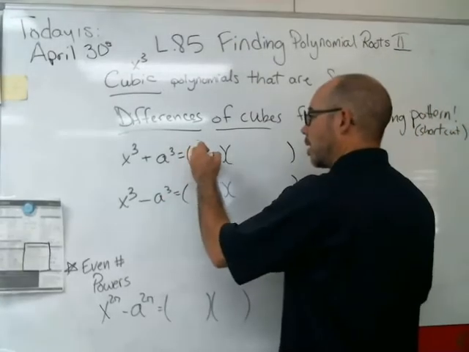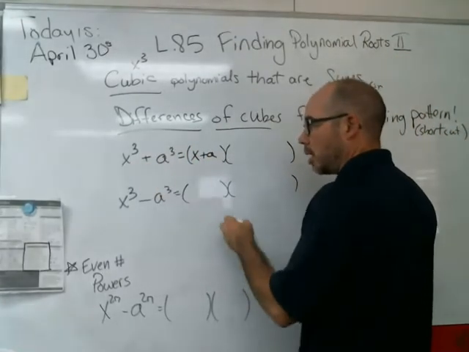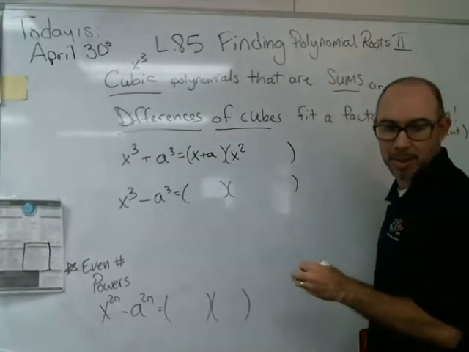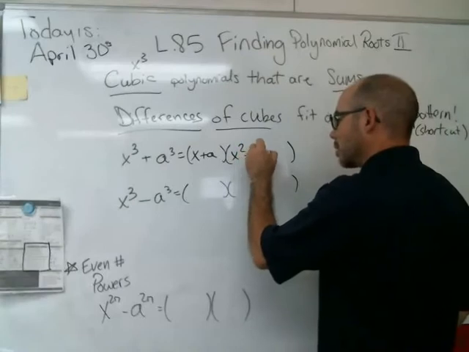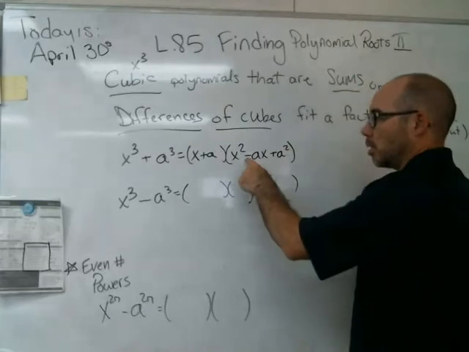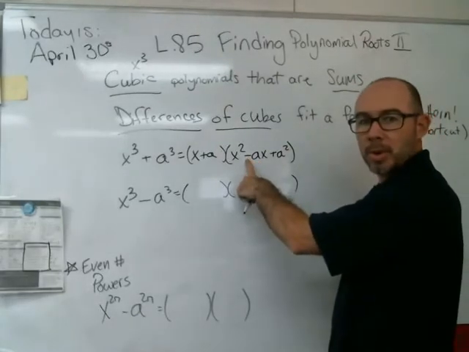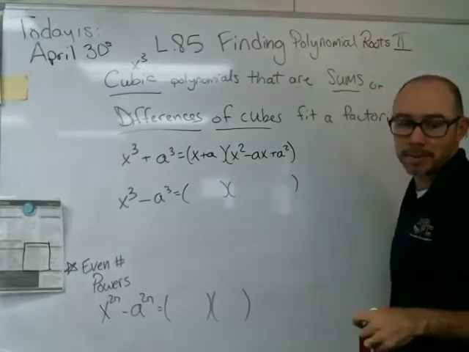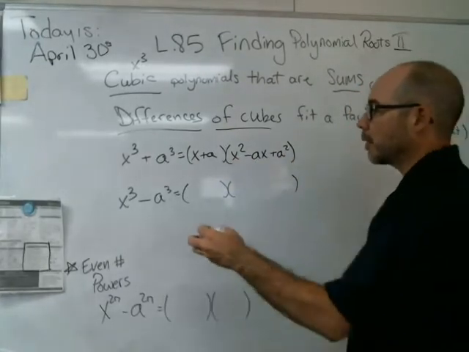I can always factor out the x plus a, and then I'm left with x squared minus a times x plus a squared. That's the important part right there. The signs alternate between plus, minus, plus. Okay, sum of cubes.